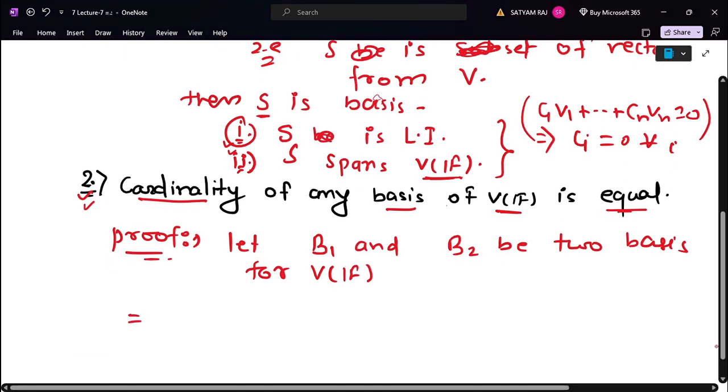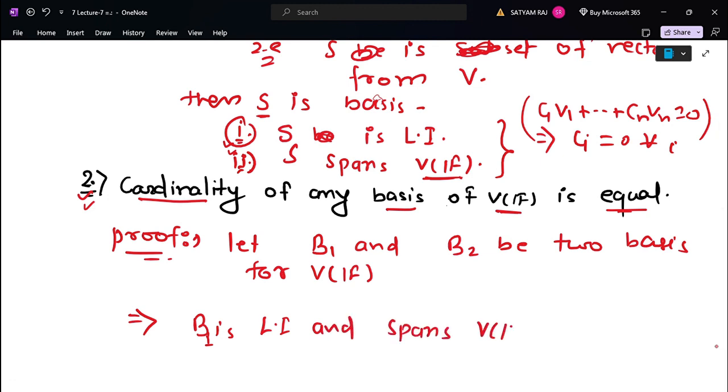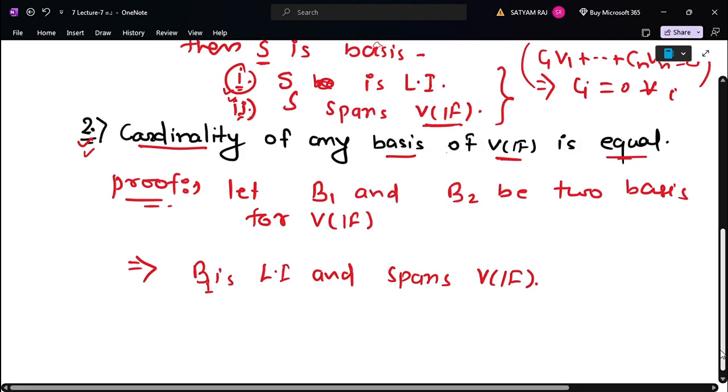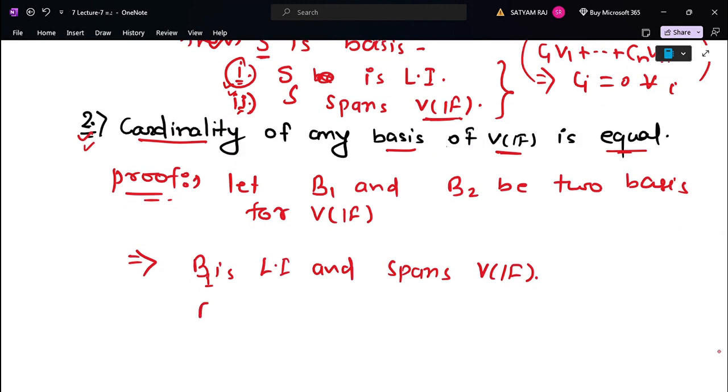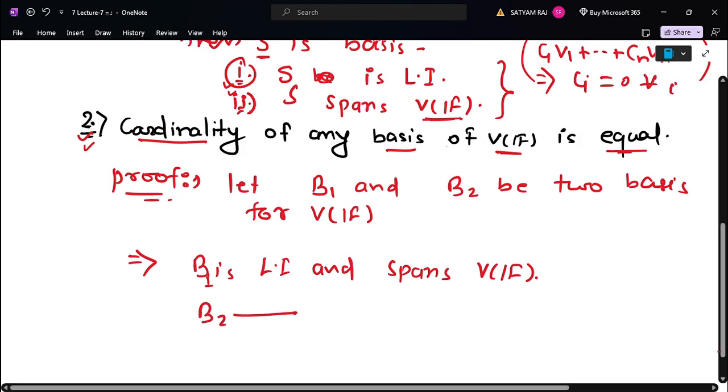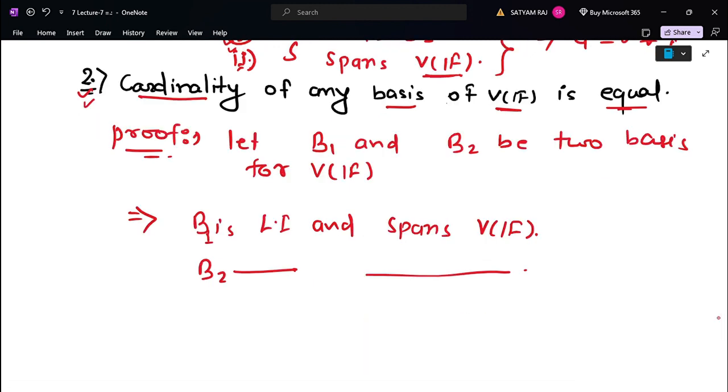So this will imply B1 is linearly independent and spans the whole vector space V over F. Also B2 is linearly independent and spans the whole vector space V over F.